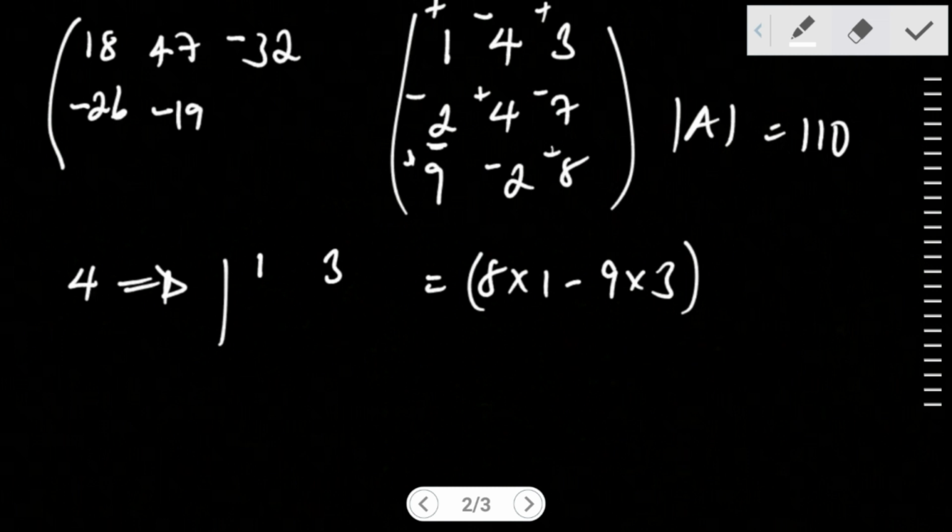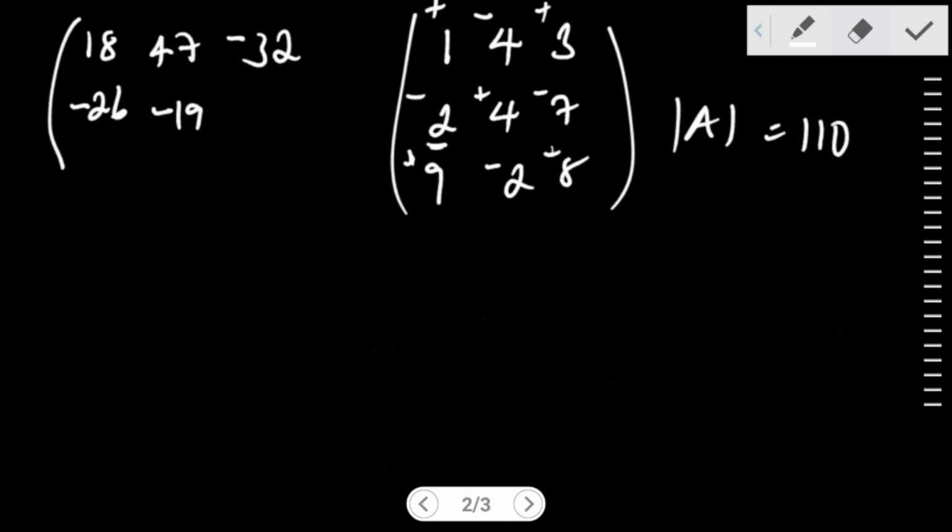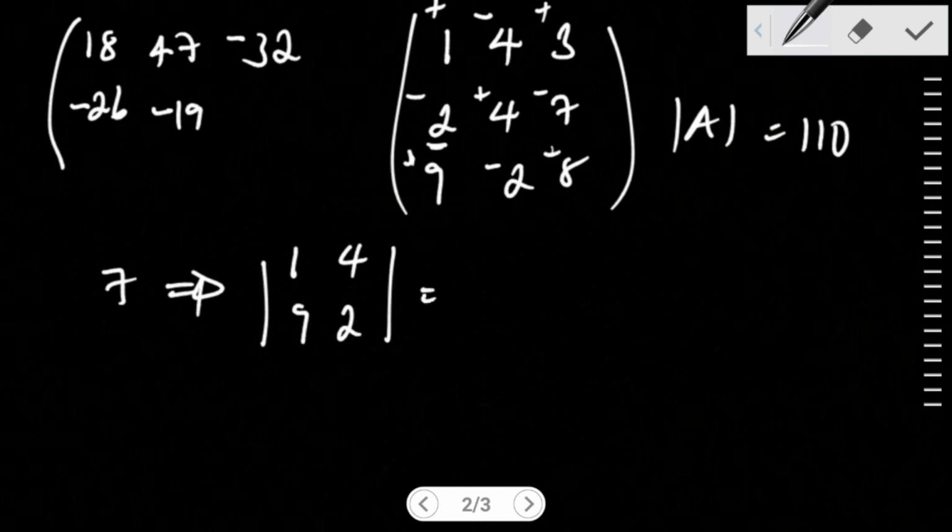So let's remove this. Now for the 7, we are going to get the determinant of 1, 4, and 9, 2. This will be equal to 2 times 1 minus 4 times 9.